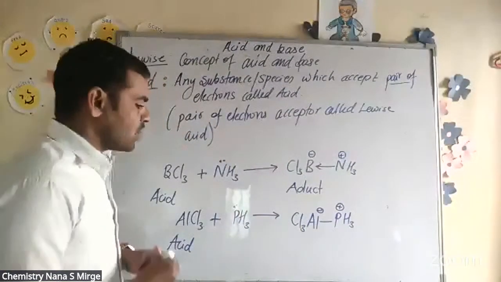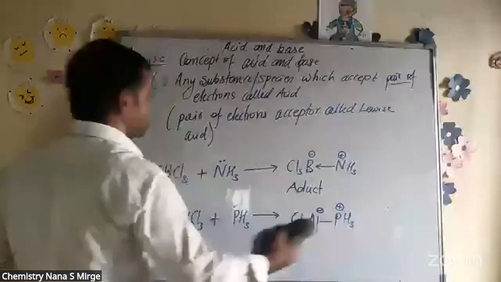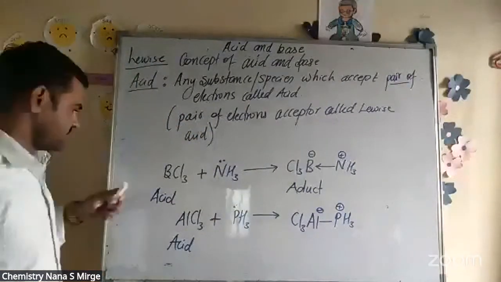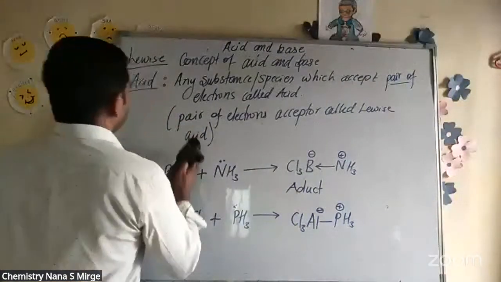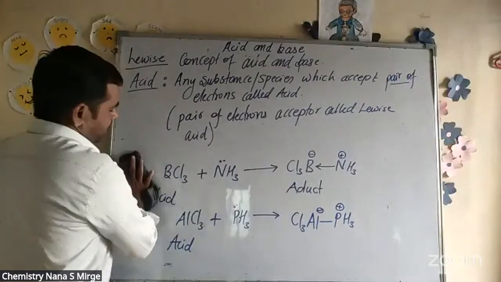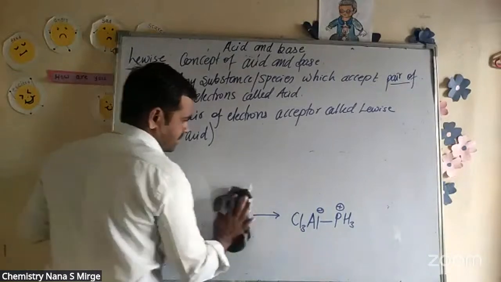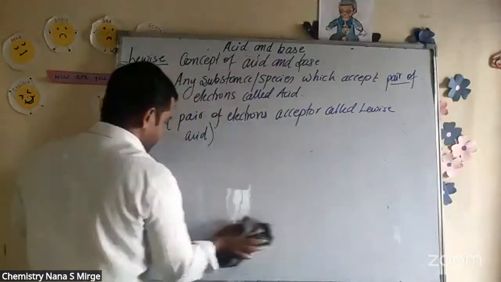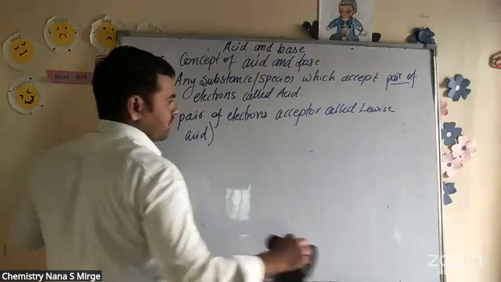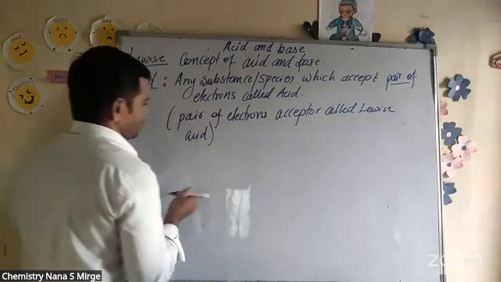Okay, so can you have a strong acid and a weak acid? Yes, there are also strong acid and weak acid. So tell me which one is the strong acid and which one is the weak acid. The strength of the acid depends on the species.